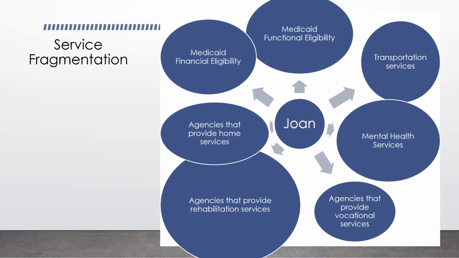So even though Joan may work with a case manager who may help her to try to access all of these different services, she still has all of these siloed services that are supposed to provide her with things to help her live her life. However, often these are simply band-aids on the underlying issue.